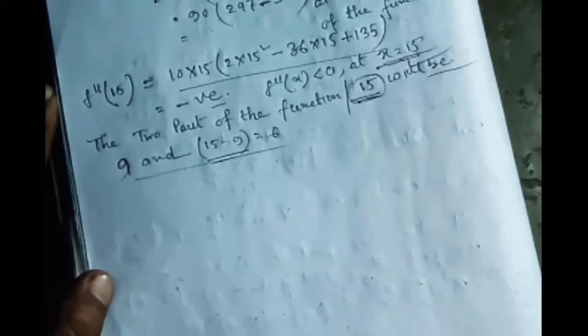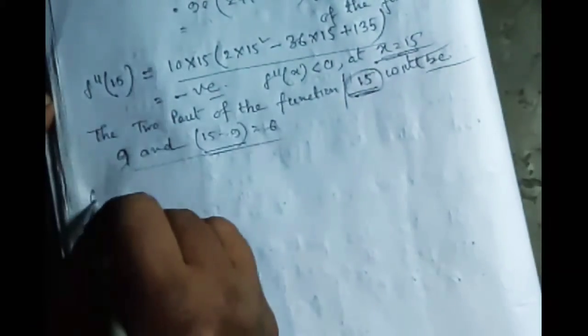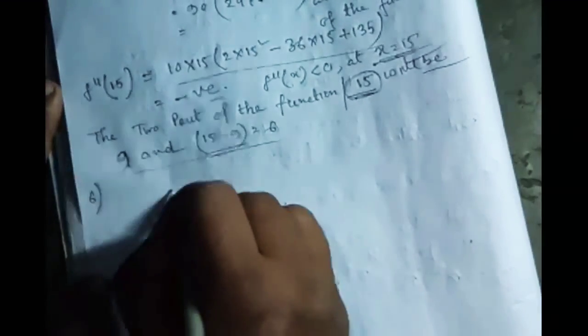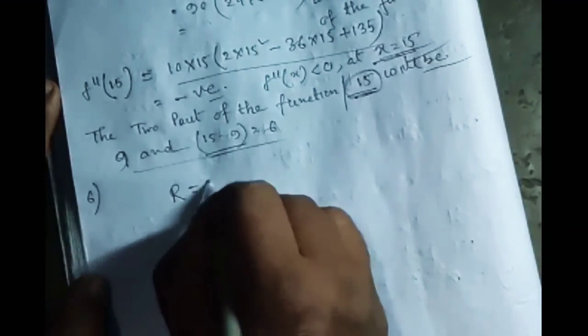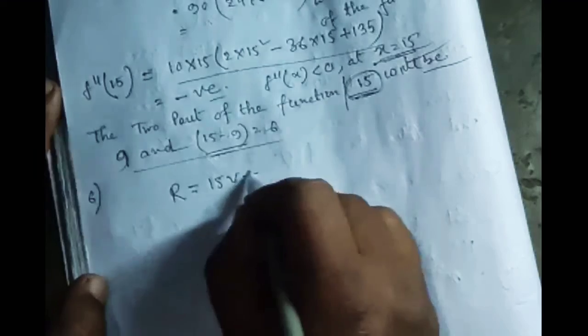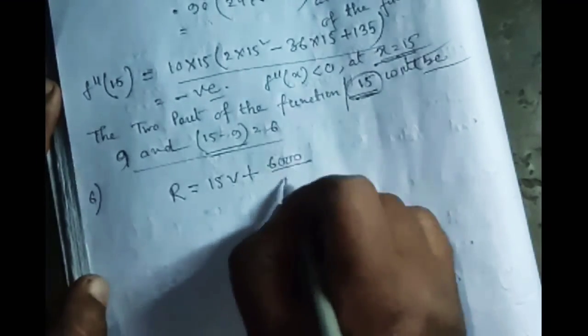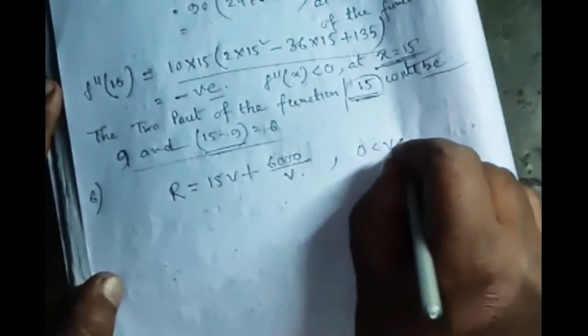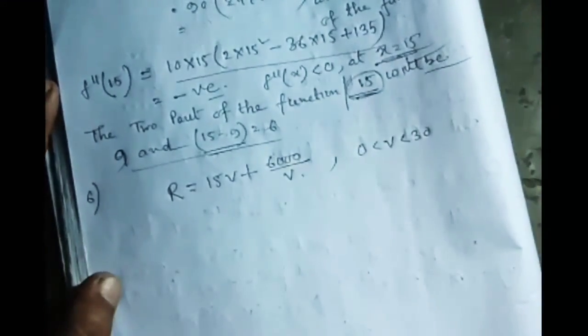Next, question number 4 and 5 are quite the same. I am just doing question number 6. The rate of working of an engine is given by R equals 15 V plus 6000 by V, where 0 less than V less than 30.